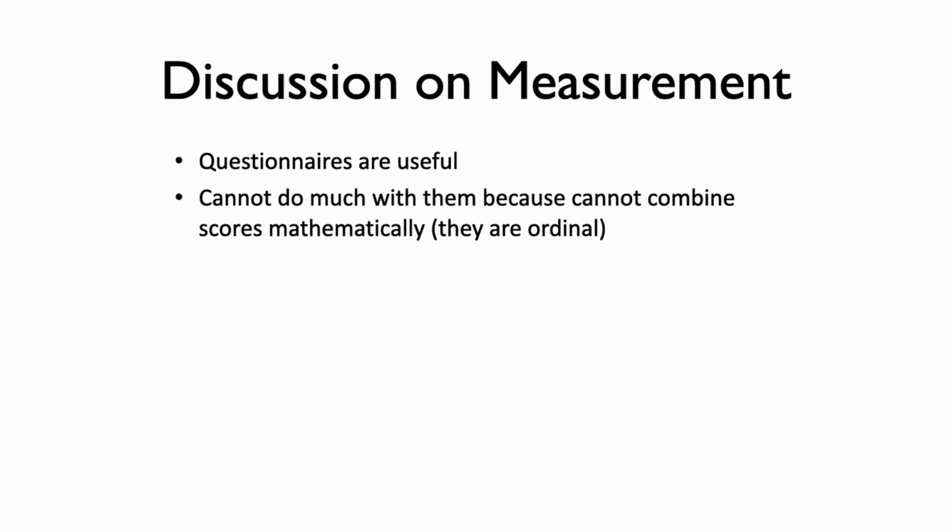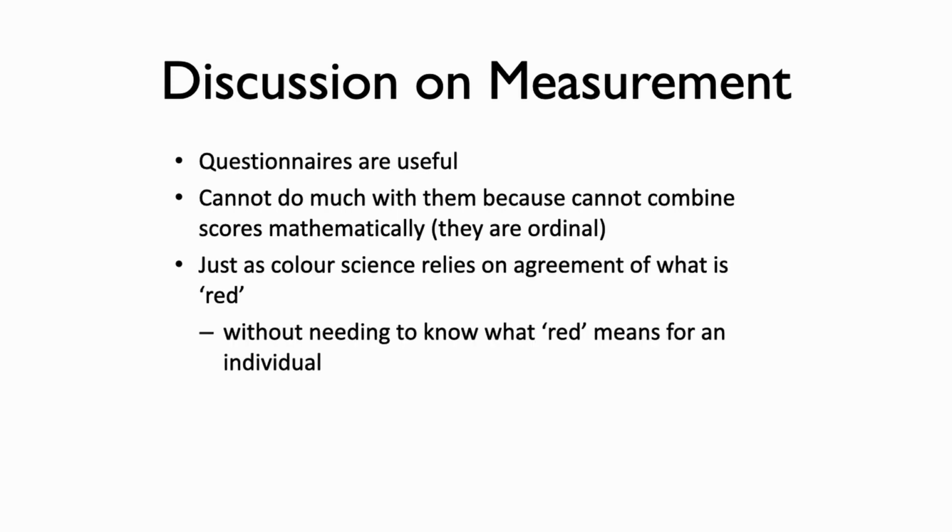So to wind up the discussion on measurement, questionnaires are useful, there's no doubt about that, but you can't do a lot with them because you can't combine scores mathematically. They're ordinal scores, although many people do treat them so and do t-tests on them and so on. Just as color science relies on the agreement of what red is, without ever needing to know how any particular individual judges or what kind of feeling they have about red.